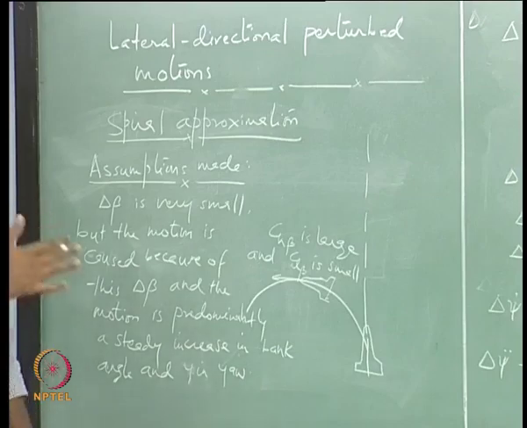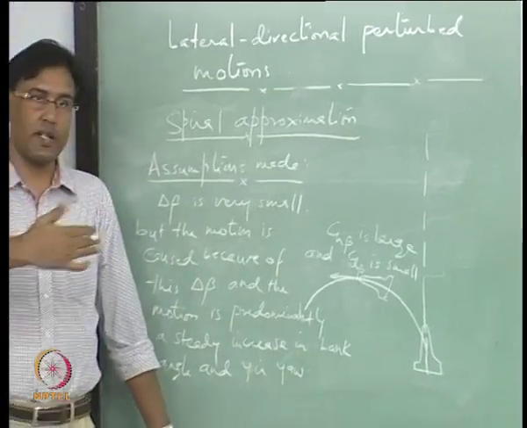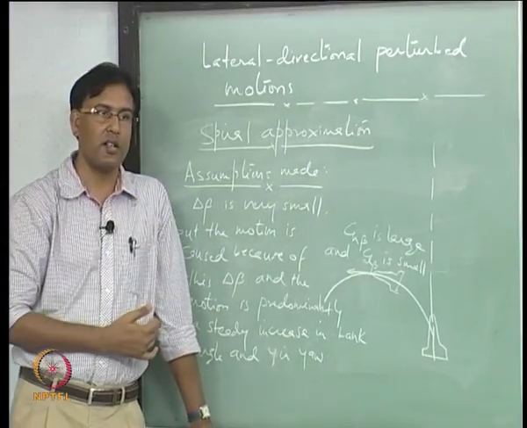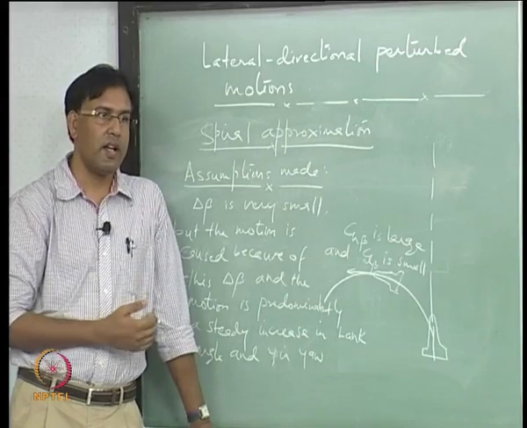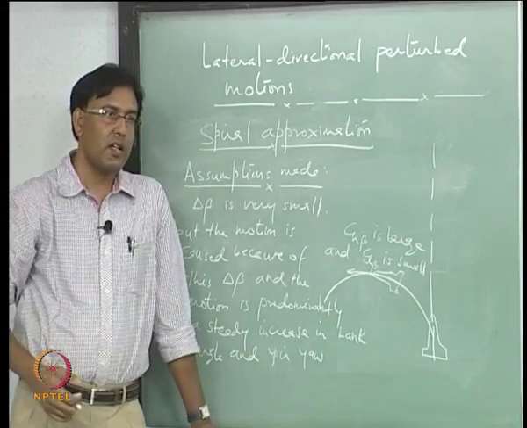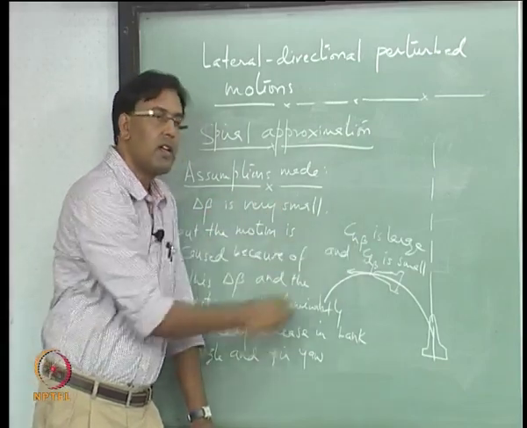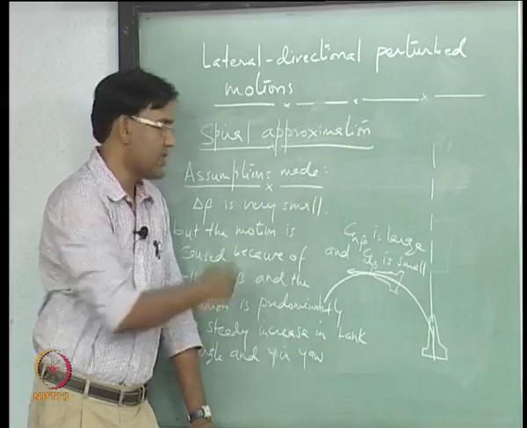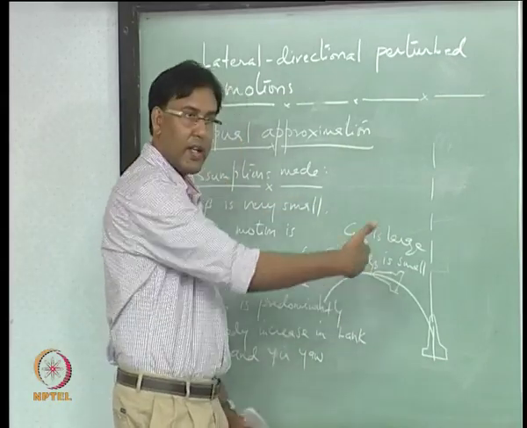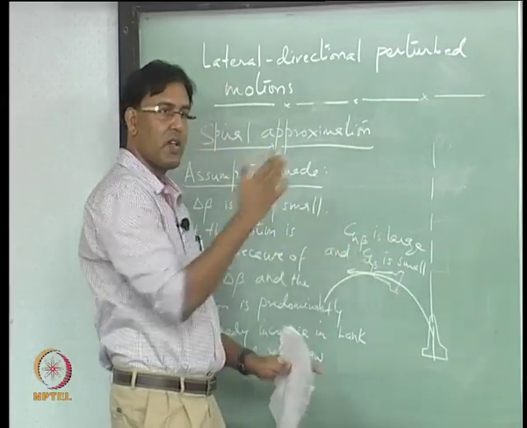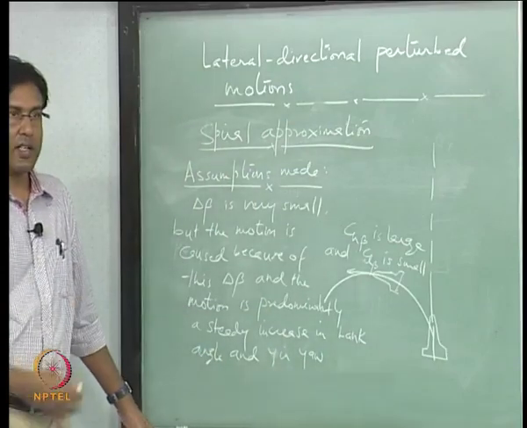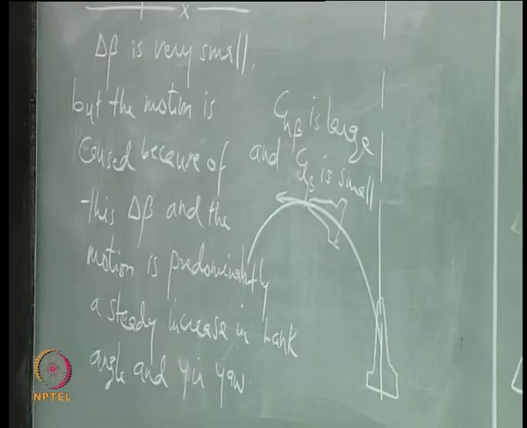Right, aircraft is yawing, is taking a turn. So, yaw is involved, right, even though side slip is very small or is getting reduced because of this large Cn beta, it is yawing, right, we are deviating from its original direction in the xy plane, right.